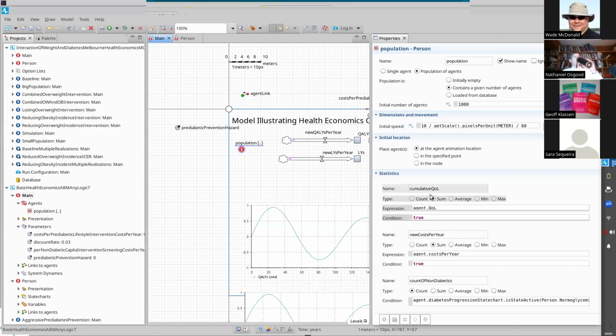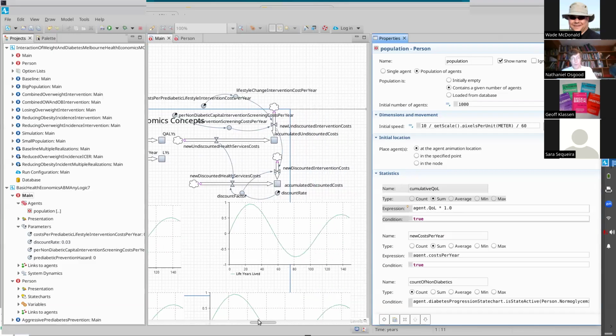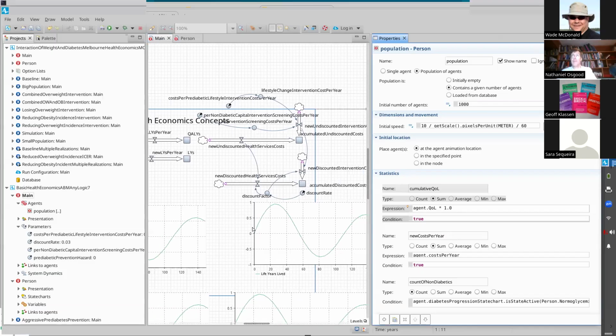I would change it these days. This is quality of life cumulative across the population. Population cumulative quality of life. It's a sum of the quality of life for each person. Or you might want to think of this as this times 1.0. Okay. So we're moving right along.